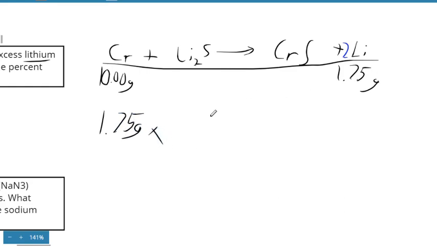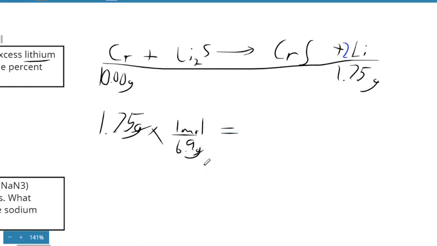So grams per mole for lithium is 6.9 under 1 mole. Grams cancel out. So here you need to be careful.